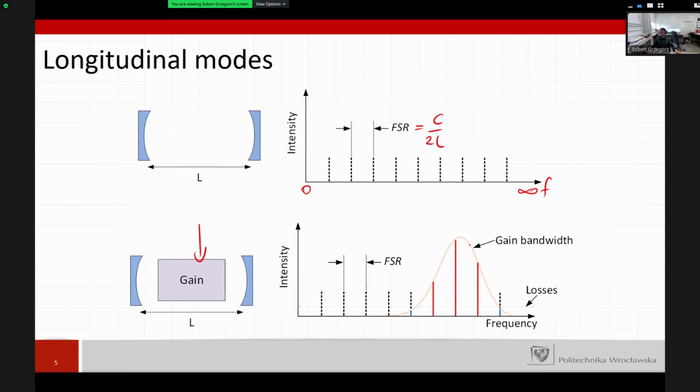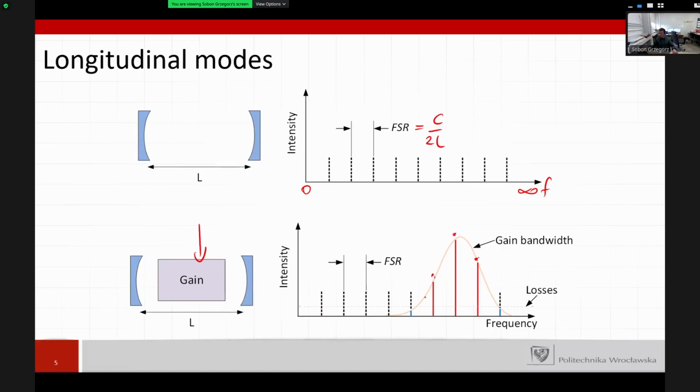Here, this Gaussian, or Lorentzian, curve shows the envelope of the gain bandwidth of the gain medium. You see that only the few modes that are under this gain curve will be excited by the gain medium, and the rest of the modes will not appear in the output spectrum.